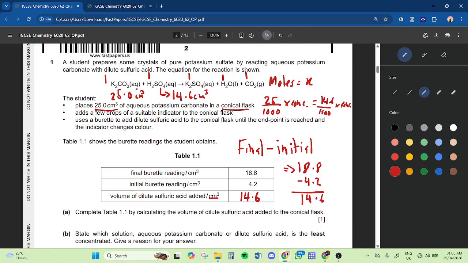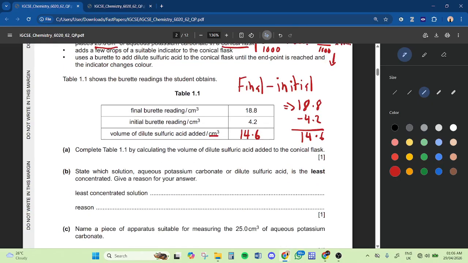So the moles of potassium carbonate is equal to the moles of sulfuric acid because their molar ratio is the same. Because potassium carbonate has a higher volume and sulfuric acid has a lower volume, for them to be equal, the concentration of sulfuric acid must be greater than the concentration of potassium carbonate. So the way this works is because you need a larger volume of potassium carbonate, it shows that it's less concentrated than your sulfuric acid.